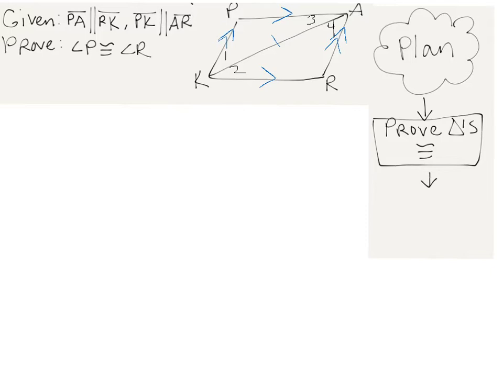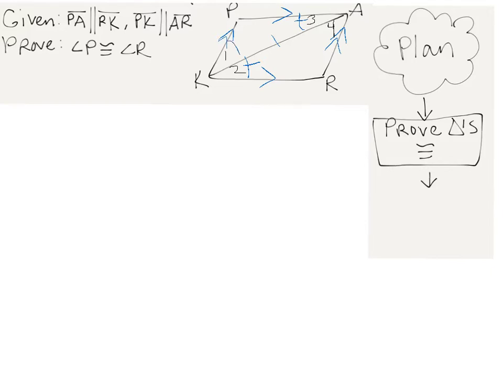Now, back to our proof here. We're trying to prove these triangles are congruent. The triangles PAK and AKR. I'm trying to prove those triangles congruent. And you know what I notice? Angle 3 and angle 2 are alternate interior angles, and they are congruent.